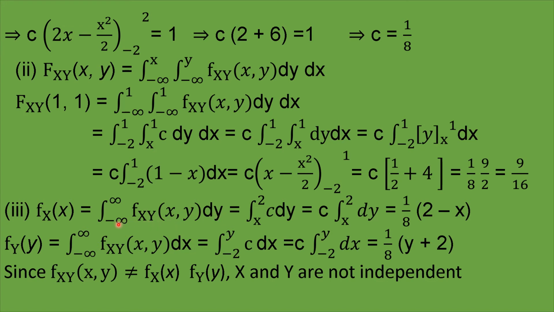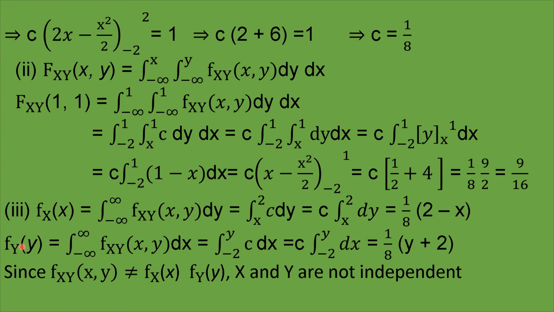So y values is from x to 2. So integral from x to 2, in that case fxy of x comma y is c. Keeping c outside the integral sign. Integral dy is y. Difference at the upper limit to lower limit x. So c into 2 minus x, but c is 1 by 8. 1 by 8 into 2 minus x.